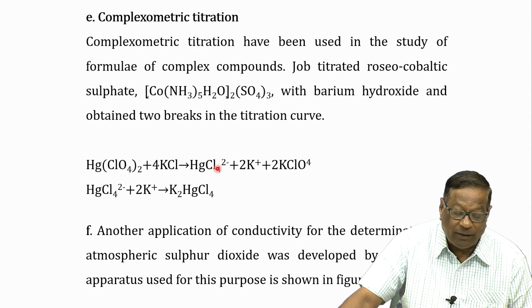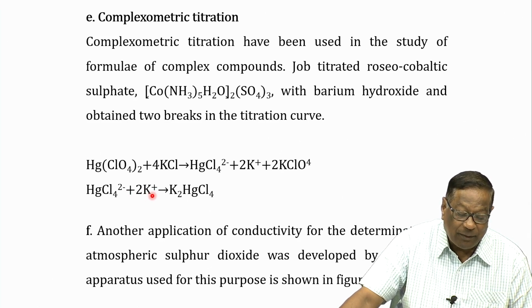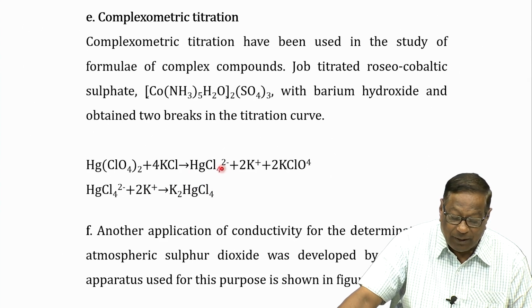This is a complex as well as an anion, and then 2K plus and 2 KClO4. So, HgCl4 2 minus can react with 2 ions of potassium to give you K2HgCl4. This is another complex.